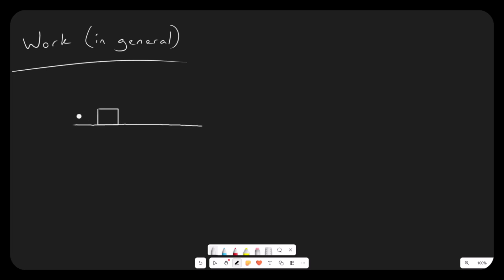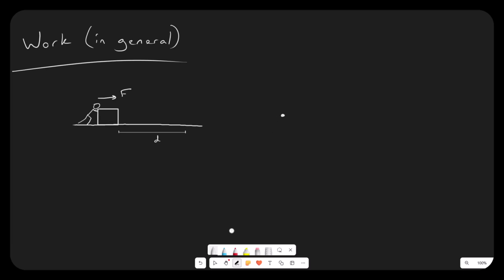If I apply a force this way, because I'm pushing this thing, and I apply a force over some distance, I'm going to do work. Now that's not the only force that's acting on this box.